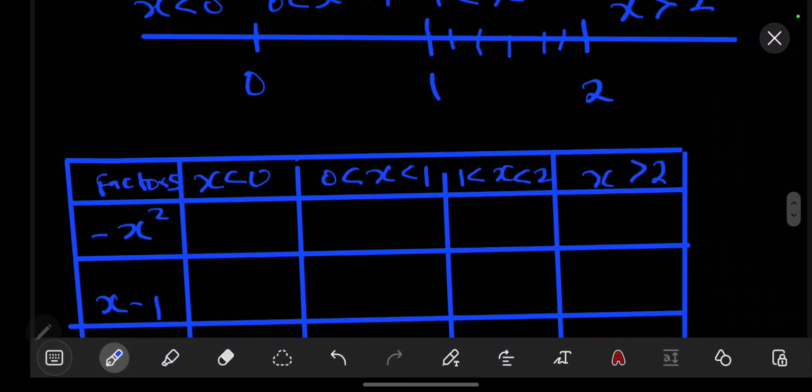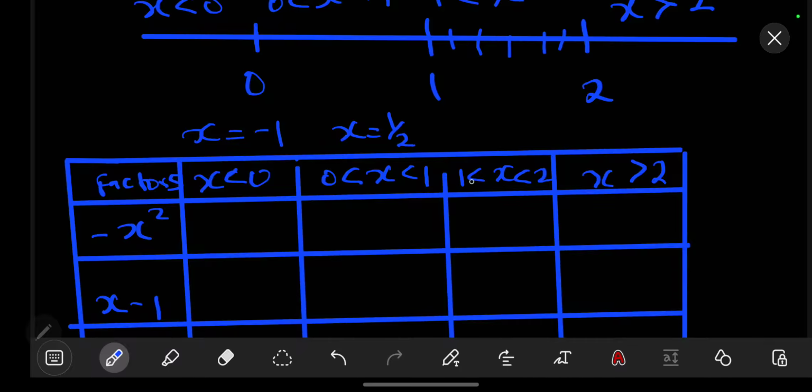So now, if x is less than 0, it means x at this point can be equal to negative 1. From 0 to 1, the number in between, we can put 1 over 2, which is 0.5. So x at this point can be equal to 1 over 2.